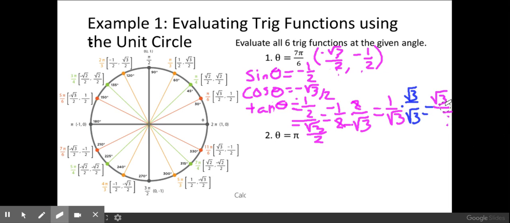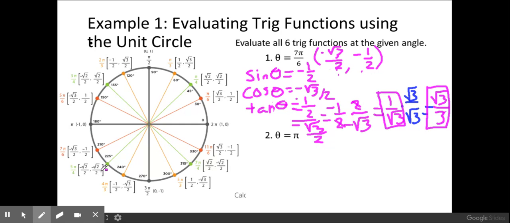So I'm going to write that as 3. So the square root of 3 over 3. So that is my tangent value. This is written in simplest form.